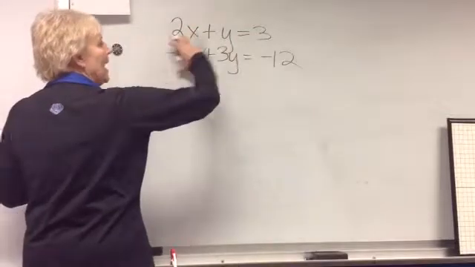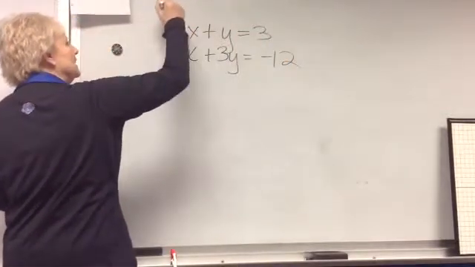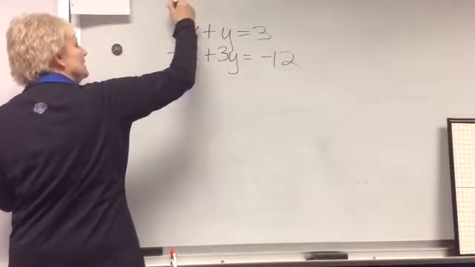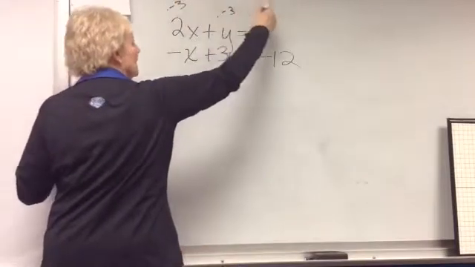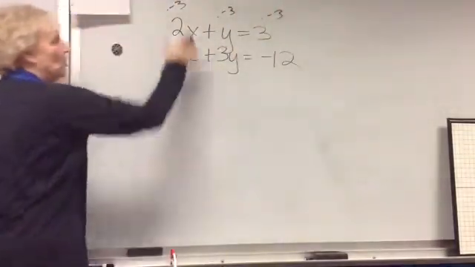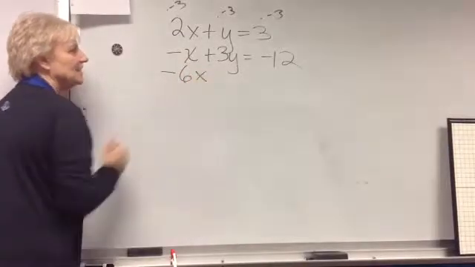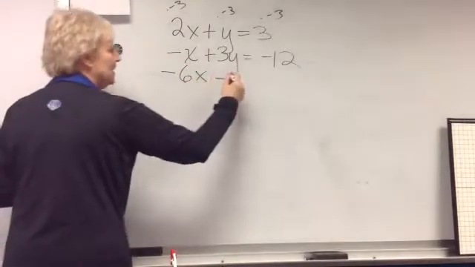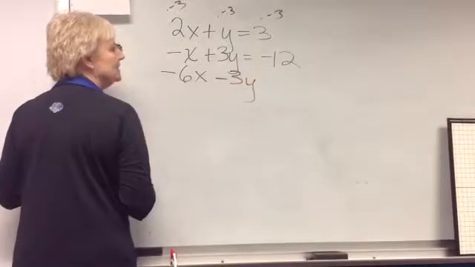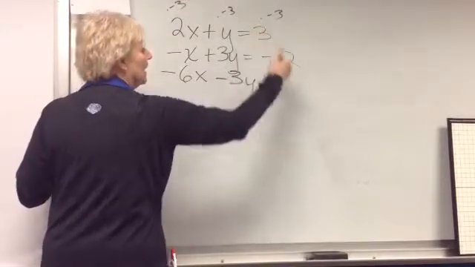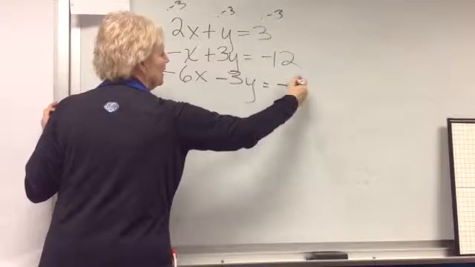We're going to multiply everything by negative 3. So we're going to get negative 6x, negative 3y, negative 9.